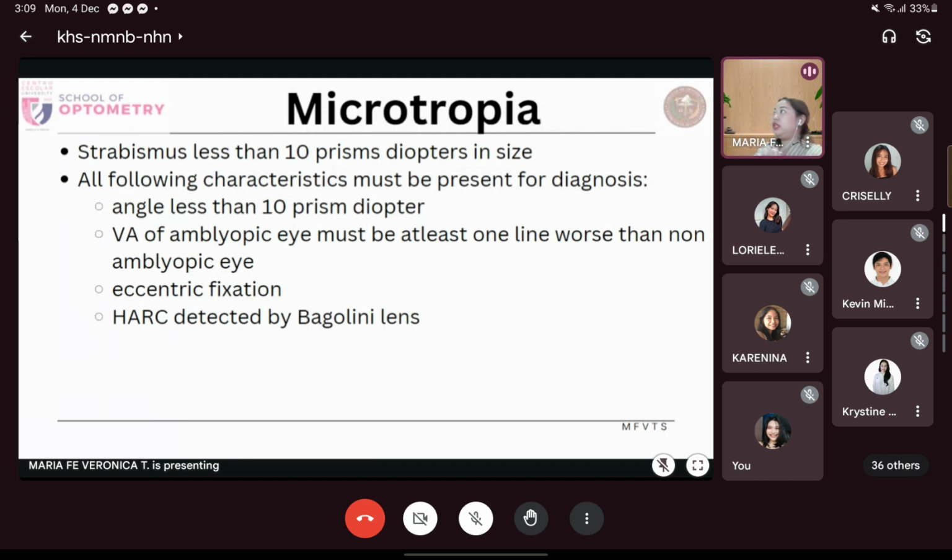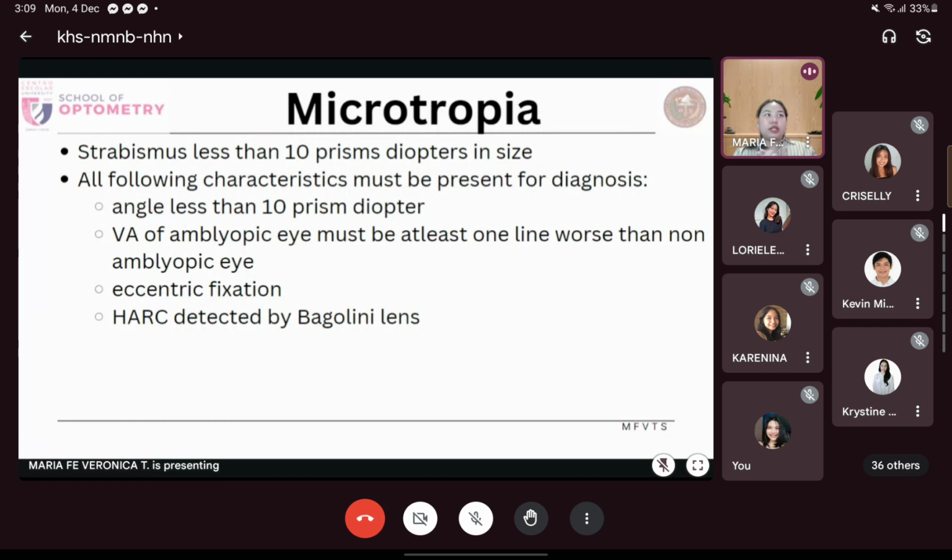Then HARC, or the anomalous retinal correspondence. So it should be detected by the Bagolini lenses. Ang ARC, this is, if you're familiar with Panum's fusional area, di ba may area tayo sa ating binocular vision na kapag tumatama yung point of focus sa Panum's fusional area, then it would bring about single binocular vision.